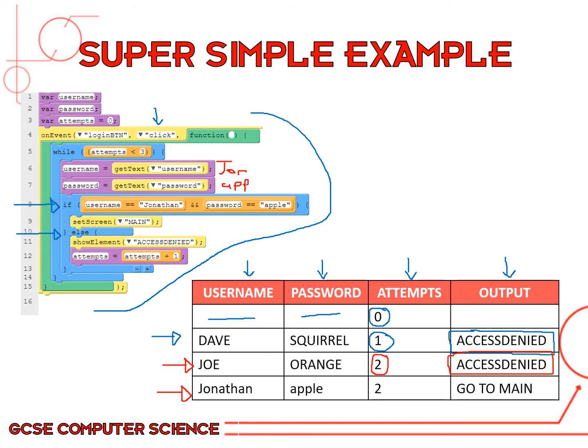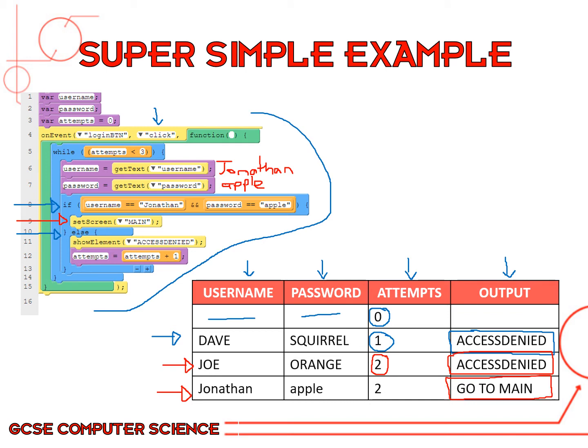And when we've typed in those 2 particular values, they get written to the variables, then they get checked again. This time we have actually got Jonathan and it's correct. This time Apple is correct, so we move down to line 9 instead. And this time we set the screen to main. So I've put the output as go to main.